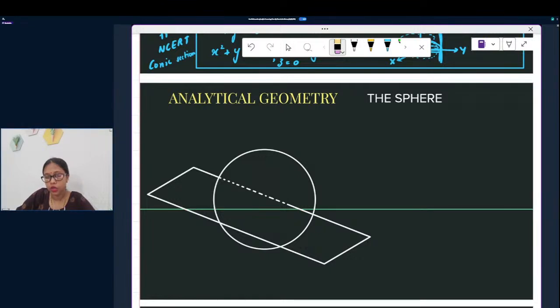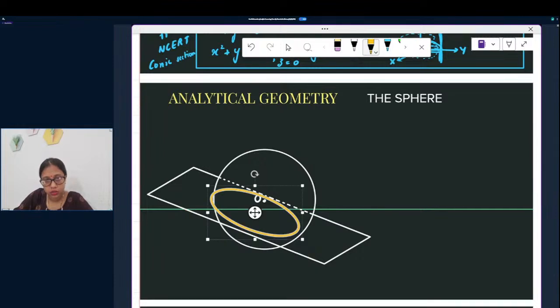Okay, so we are looking at this, which is actually the center, O. I hope you can imagine that O has nothing to do with the plane. O is not on the plane. The plane is below O. So what will be the intersection? Can you see the intersection?